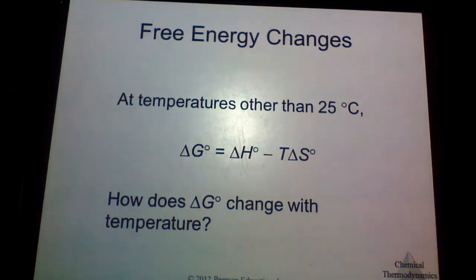This is just another way to show the same thing as what we just did with Gibbs free energy, but now we're calling it the standard free energy change. So delta G is equal to delta H minus T delta S. Well, how does delta G, the standard free energy, change with temperature?